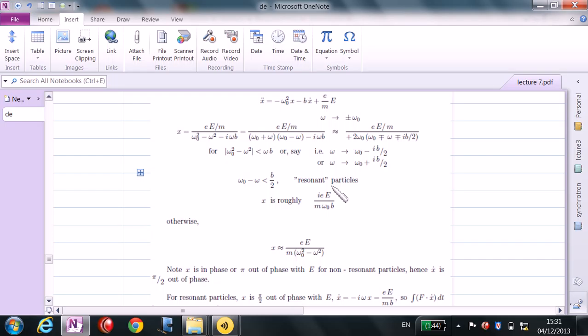The only way to have 0 at minus infinity when you have e to the I omega t, or e to the minus I omega t, is to give omega a slight imaginary part, so that you can forget about the initial conditions at minus infinity. And that's how you pick the contour, is that you give omega the correct imaginary parts so that the initial conditions at minus infinity go to 0.